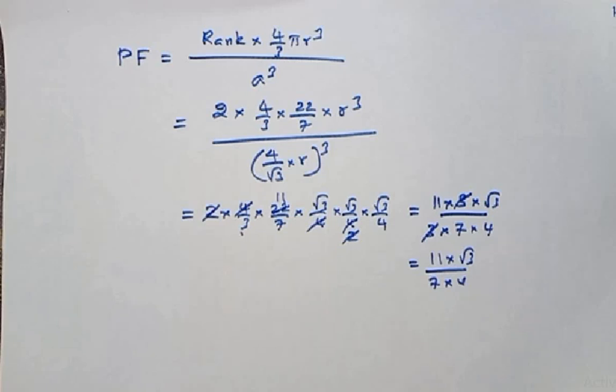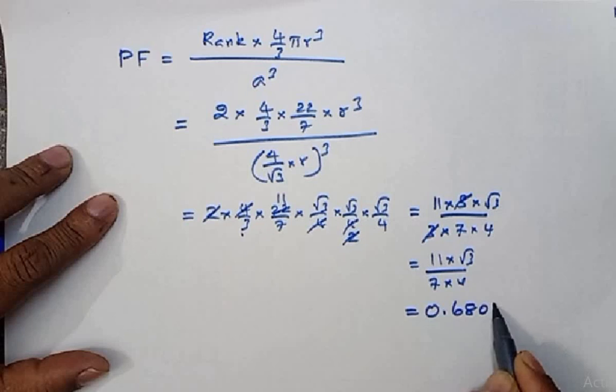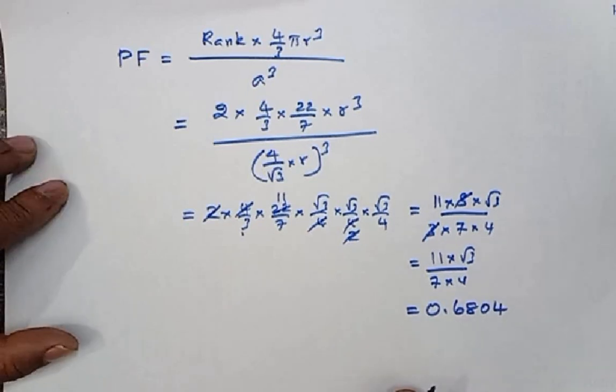And root 3 is 1.732, so I'll just give you the value. 11 into 1.732 divided by 7 divided by 4. It comes out as 0.6804 as the packing fraction.